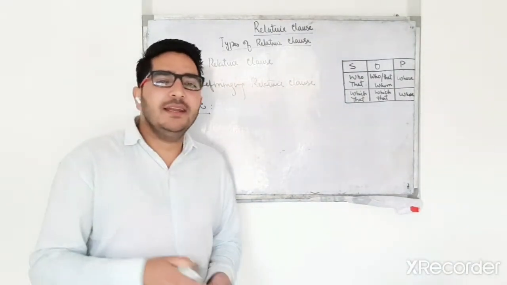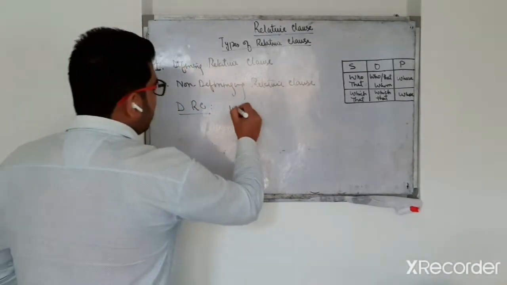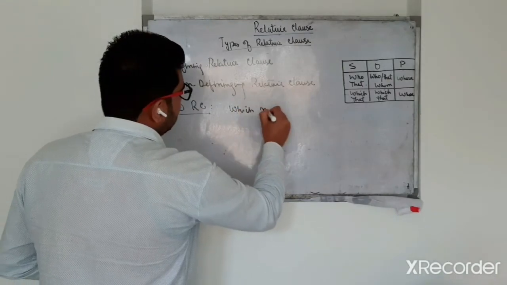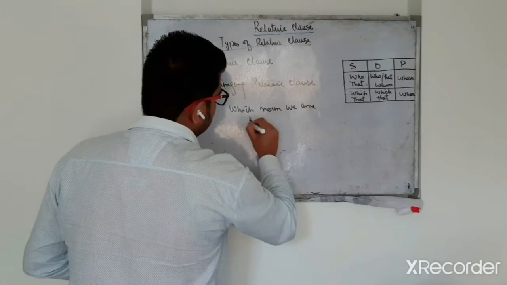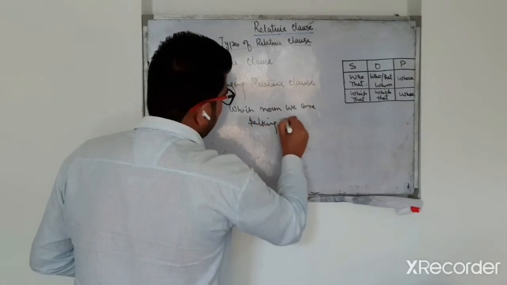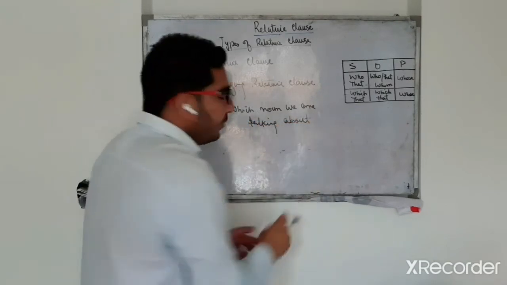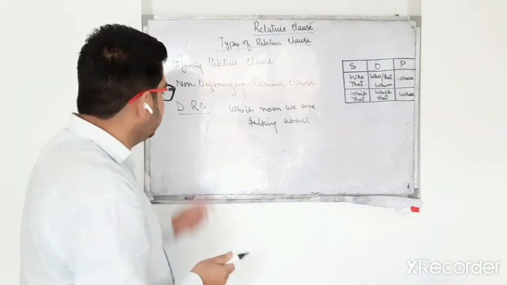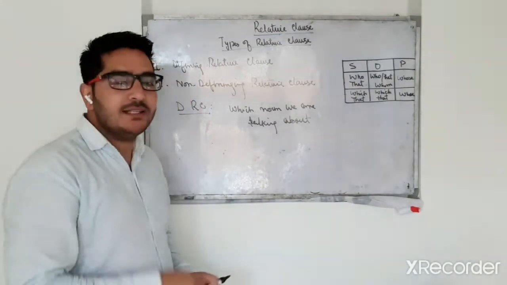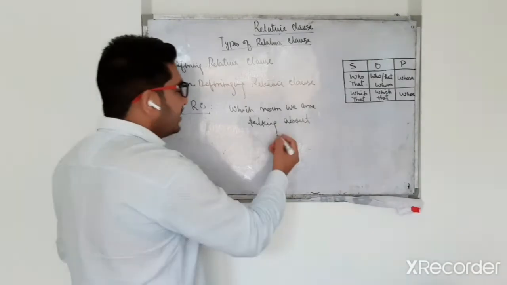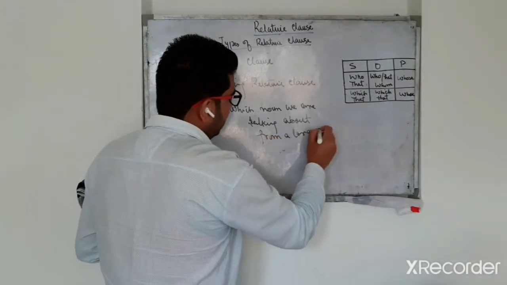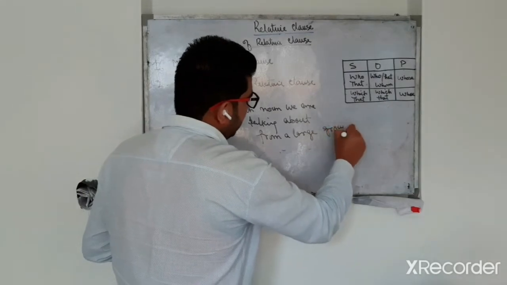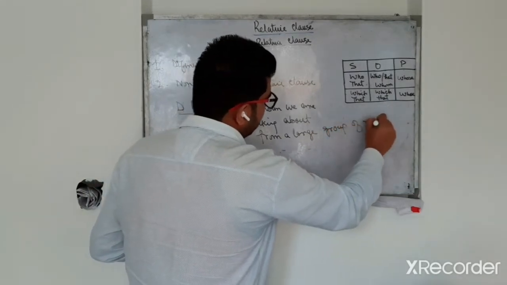See, a defining relative clause tells us which noun we are talking about. So as far as a defining relative clause is concerned, it tells us which noun we are talking about from a large group of nouns.